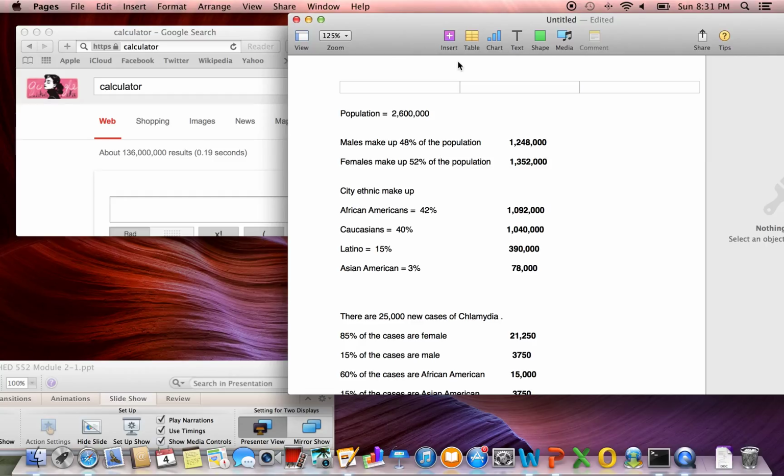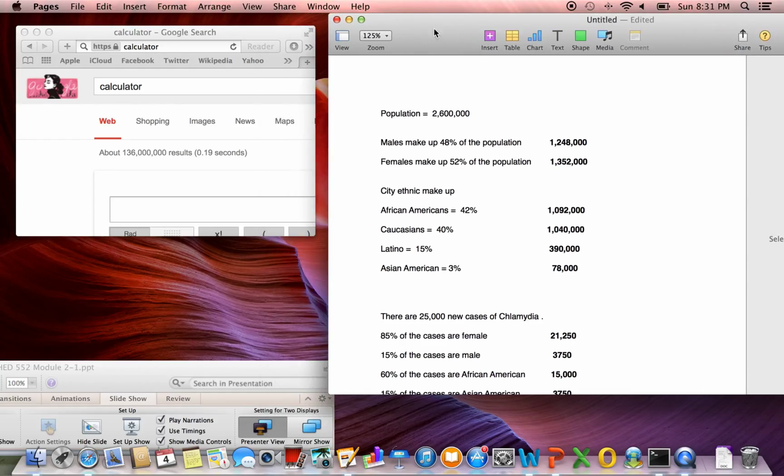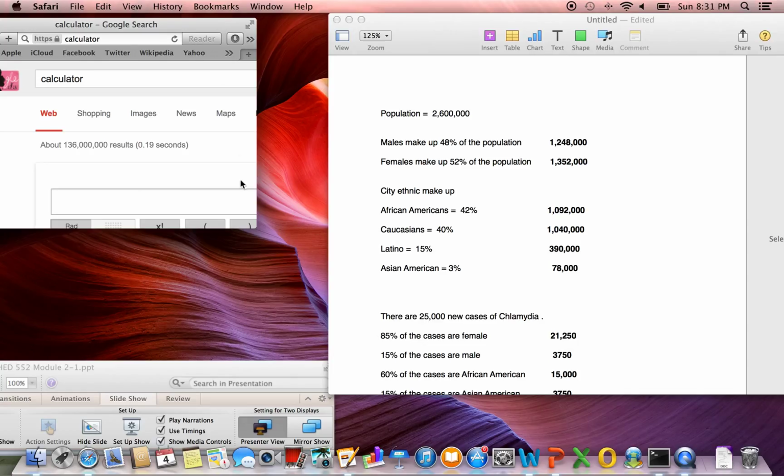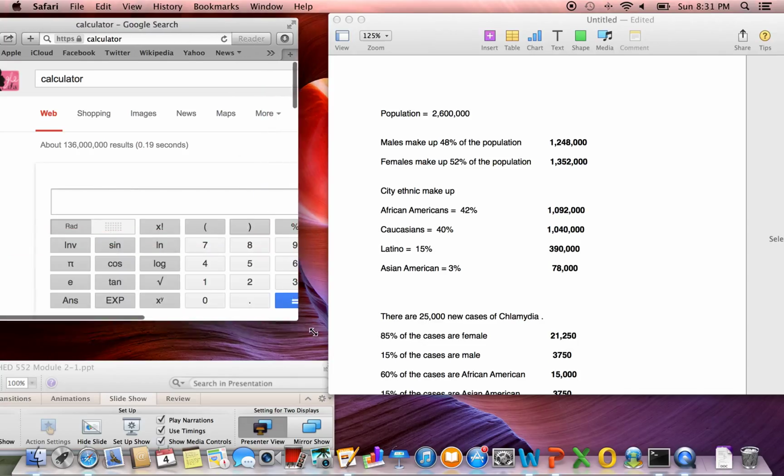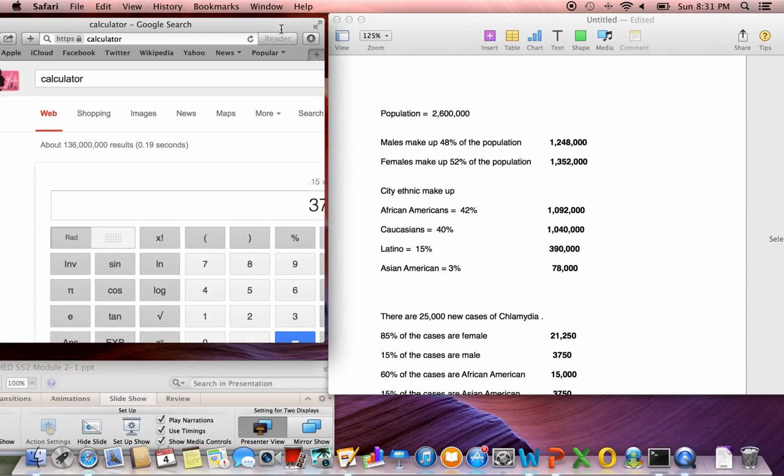We're told that males make up 48% of the population, so that comes out to 1,248,000. Females make up 52% of the population. The numbers in bold here are numbers that I had to calculate out. For the interest of time, I just filled this out already for us. But on the test, you will have to calculate out those numbers.